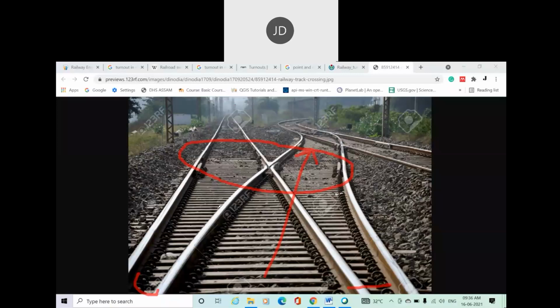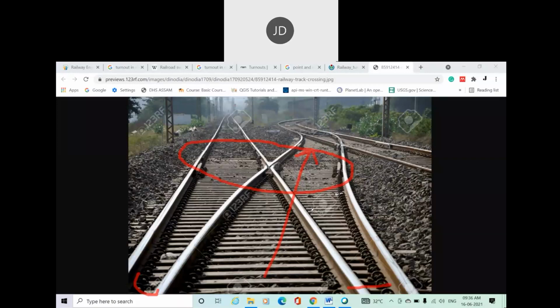The track may be parallel, may be diverging, or may be converging. Sometimes a particular train may go parallel, and for this particular railway track or this section, the railway track is diverging. If you consider this direction, point and crossing may deal with a parallel track, diverging track, or converging track.